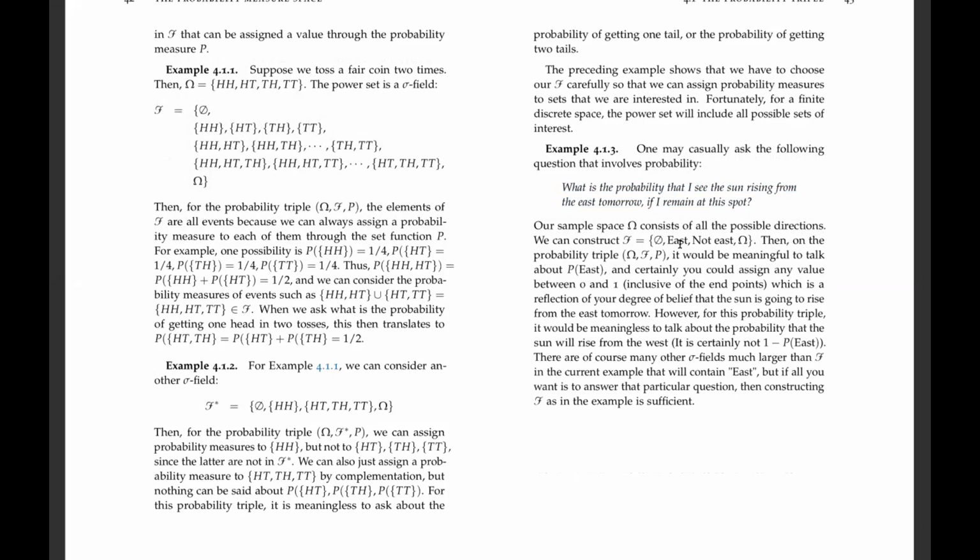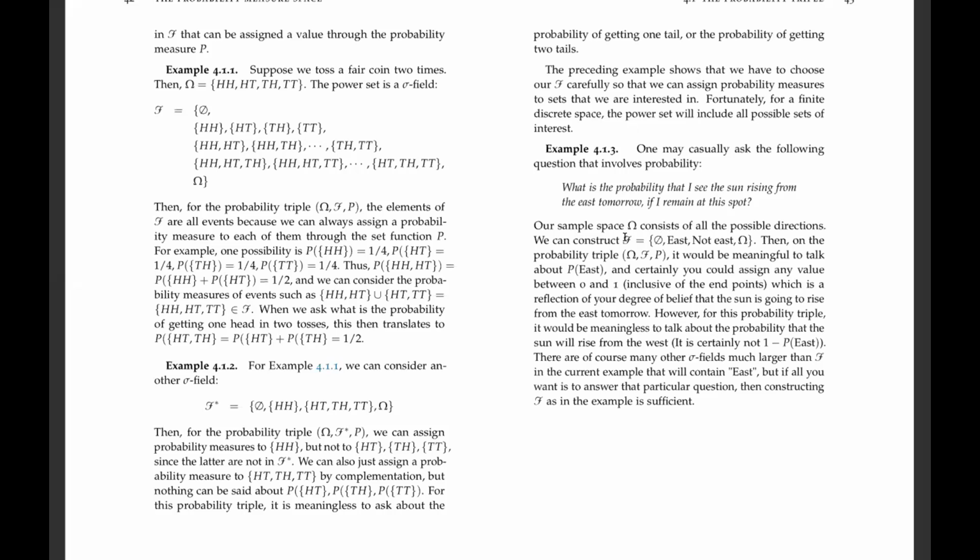In this case, your omega is an infinitely large set because you want to consider all possible directions, so that would be from 0 to 2 pi, circular. We can construct a space like that, but that will be a kind of Borel space. But let's make it simple here.